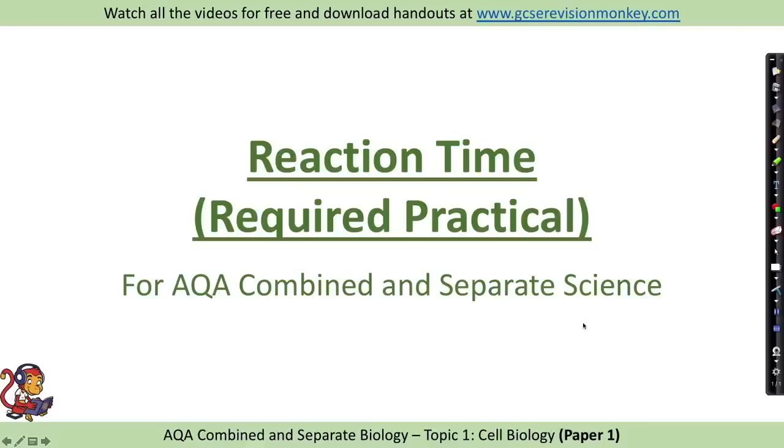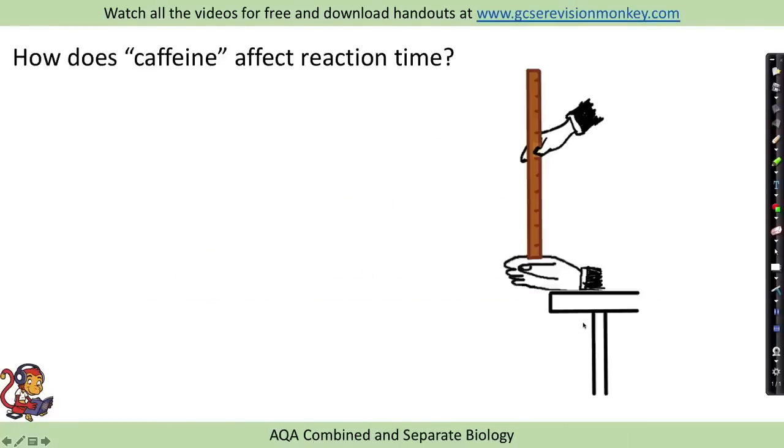So instead, we're going to measure reaction time using the ruler drop test. For example, we could ask the question, how does caffeine affect reaction time? Now, this is just one example of a factor that we could investigate. You could well in the exam be asked about something like distractions or tiredness or something like that. So this here could change and become a different factor.